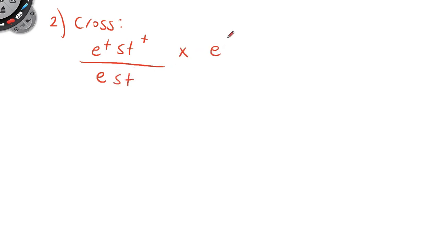What if you're crossing this? So here you're also crossing, let's say, two heterozygotes, okay?